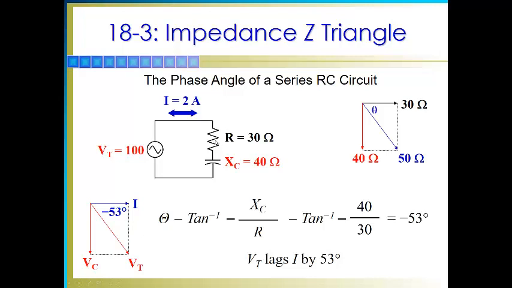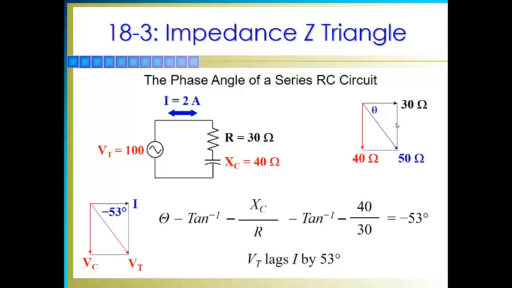Or we can also take the phasors, instead of using the current and the capacitive voltage, we can use the resistance and the reactance. So the resistance is our reference. The reactance, remember, lags the resistance by 90 degrees. To find this angle right here, we can say that the tangent of this angle is going to be this side, the opposite, divided by the adjacent.